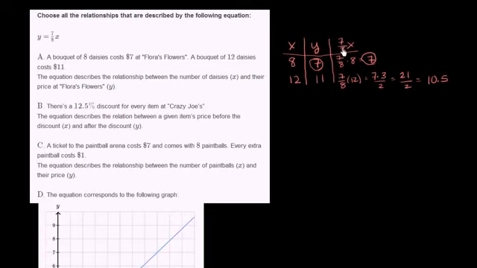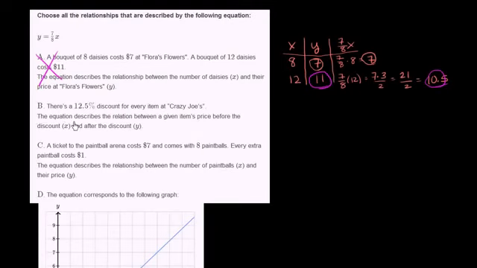So if y were equal to 7/8 x, 12 daisies would cost $10.50, but we just learned that 12 daisies cost $11. So these two things aren't equal to each other. So this is not the same relationship. In this scenario, y does not equal 7/8 x. So we can rule this one out.